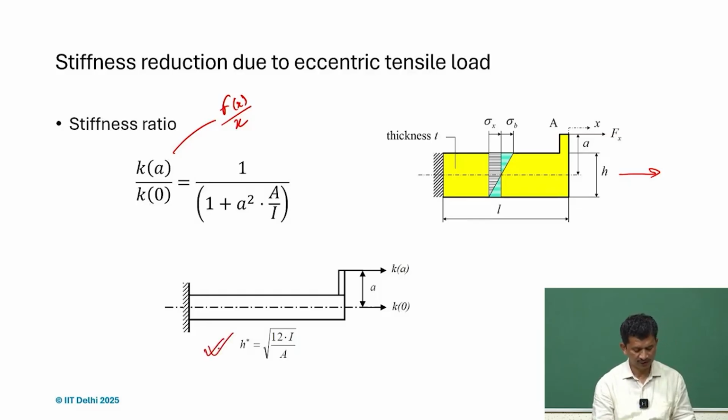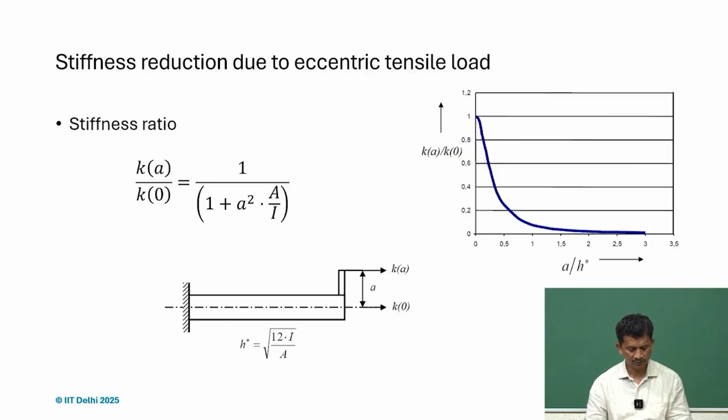If it's not prismatic and some other cross section, we can define H star in this fashion. And if we try to plot the stiffness ratio versus A by H, what we see is a sharp decline.